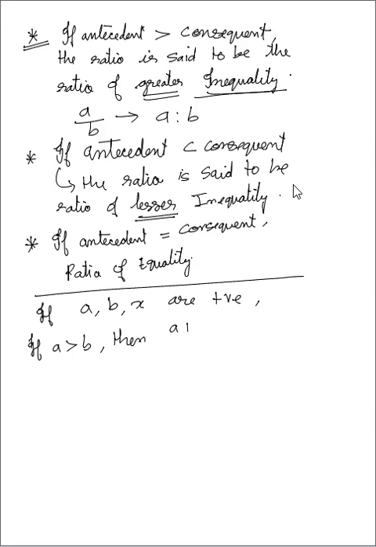Suppose I am adding x on both the side, numerator as well as denominator, a plus x and b plus x, so it will always be less than a by b. This is common sense. Then reverse case, suppose a less than b, this also you have to remember, a plus x divided by b plus x, then it will be greater than a by b.